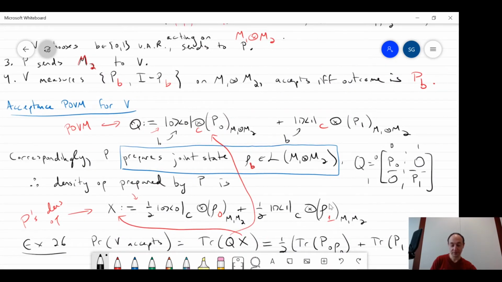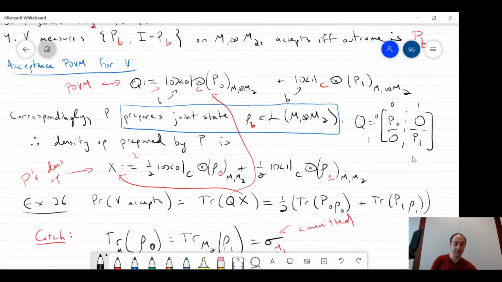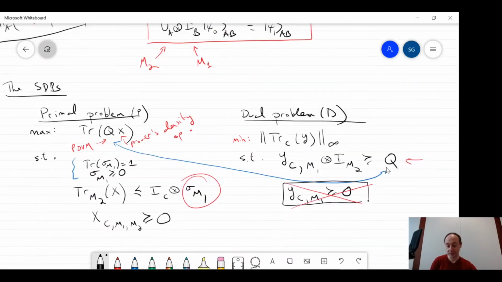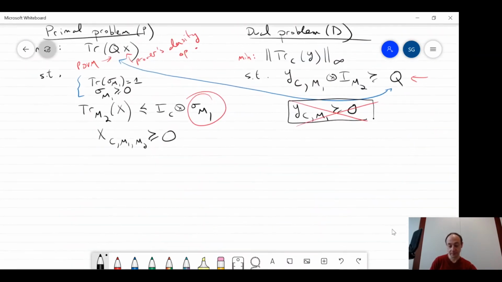X had this very, very specific form, right? It was block diagonal on the 0 and on the C register, right? 0 tensor row 0, 1 tensor row 1. But I haven't enforced this in the SDP in any sense, right? So let me just comment about this.